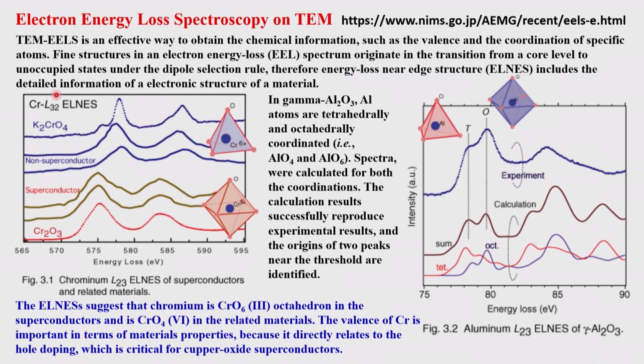These are the tetrahedra here, and these are the octahedra. So octahedra with a chromium 3 center, tetrahedra with a chromium 6 center. If you look at the peaks, they are not exactly the same, so you can easily identify their presence. You can quantify here also, and thereby correlate this with their properties as well. So that way EELS helps with the properties of all of these.